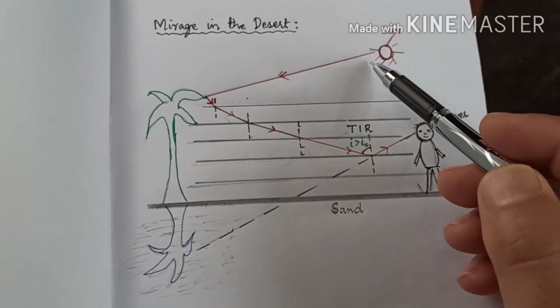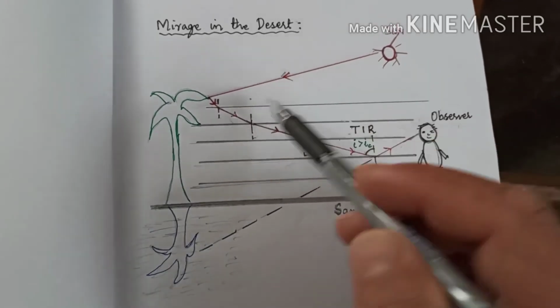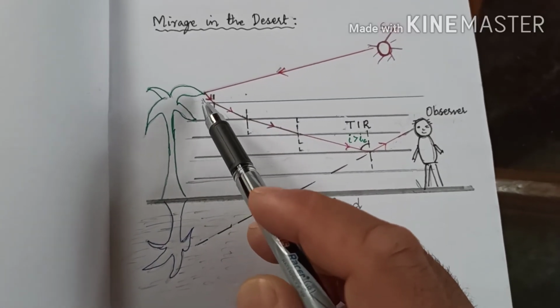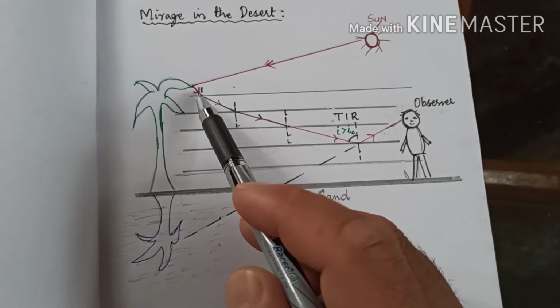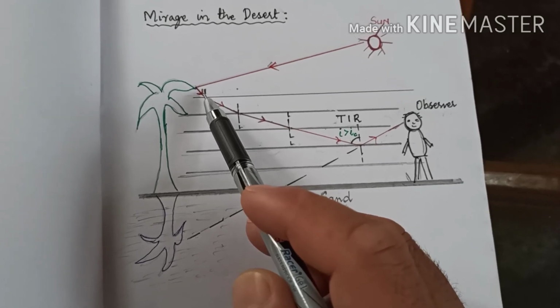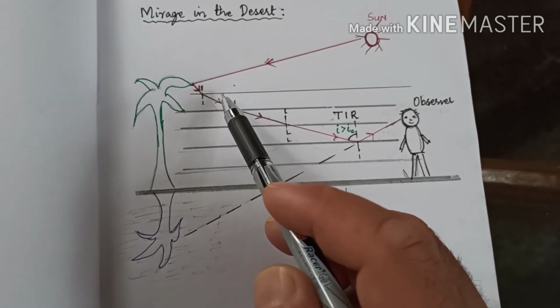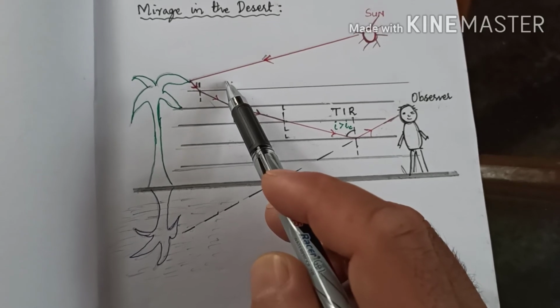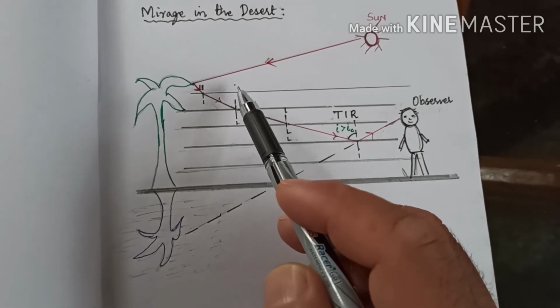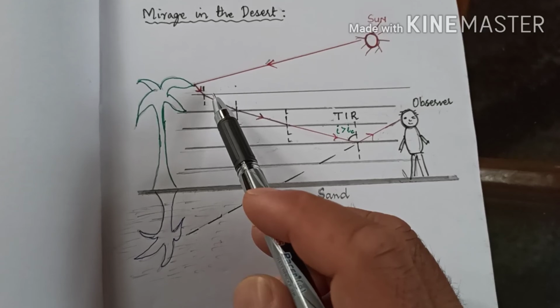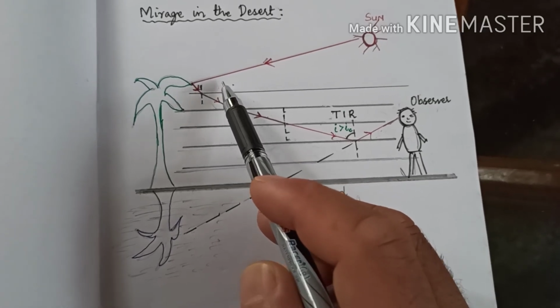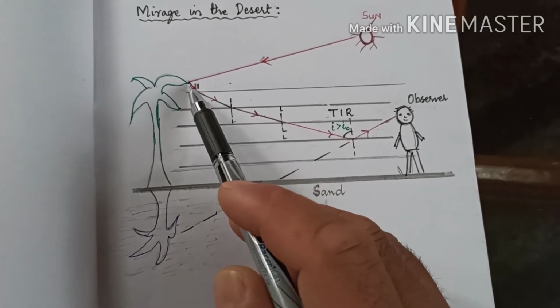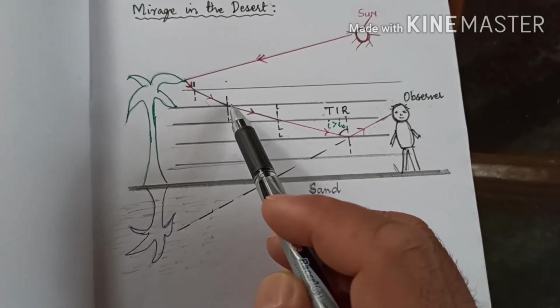The light from the sun, when it hits an object, in this case a tree, enters the first layer. As you know, the first layer is cooler than the second layer, so the first layer is optically denser than the second layer. That is why refraction will take place. On moving from an optically denser to an optically rarer medium, light will bend away from the normal.